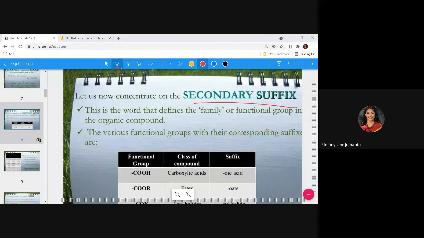Okay, so we have Ivan, other functional groups. Okay, Janlo. Carboxylic acid, ma'am. Carboxylic. Okay, who else? Esters, ma'am. Esters. What else? Ketones. Yes, thank you, Gian.